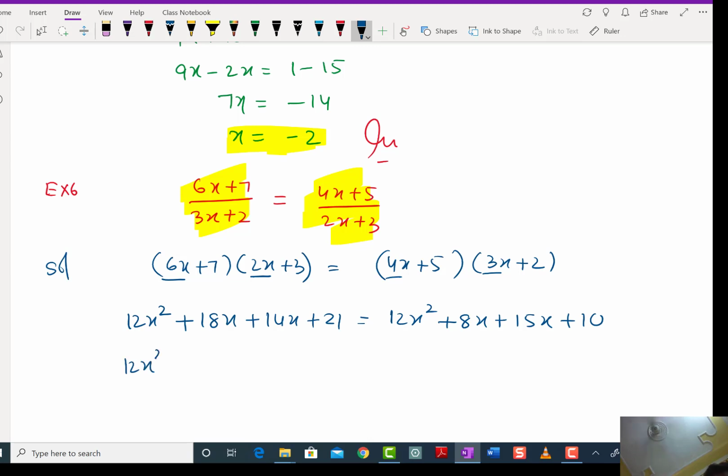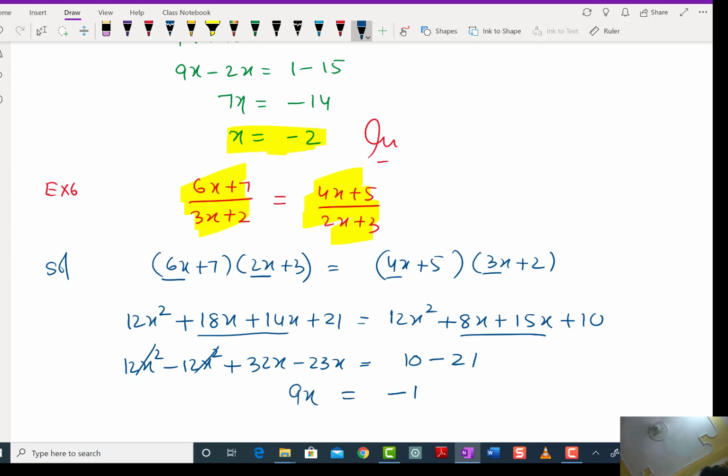So 12x square minus 12x square is cancelled. 32x minus 23x is 9x. 10 minus 21. So 9x is equal to minus 11. x is equal to minus 11 by 9.